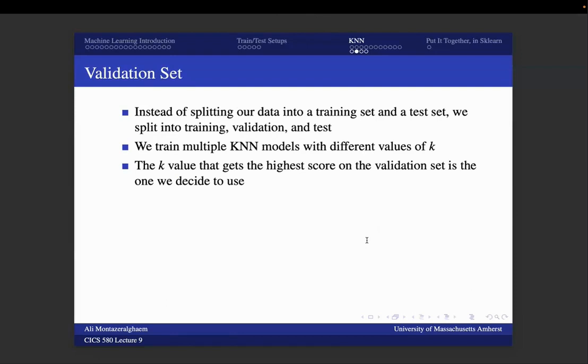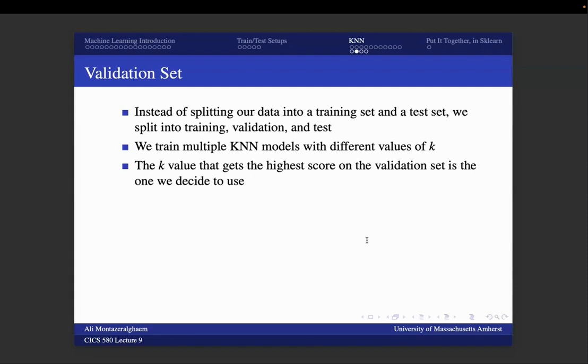So for the validation set, before that we showed that we can split labeled data into a training set and a test set. But here we can split our data into training, validation and test sets, which means that we have another set, which is the validation set. Then we train multiple KNN models with different values of K, for example, K 1, 2, 3, 4, 5, 6.